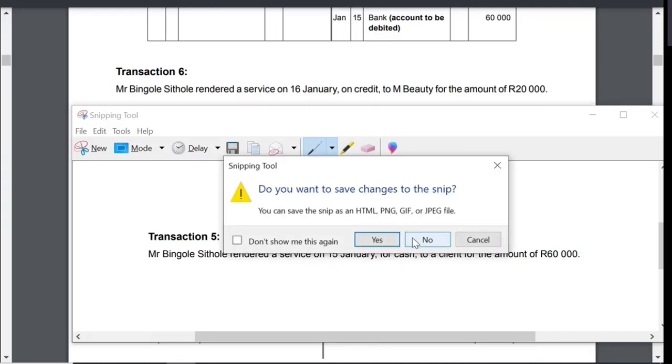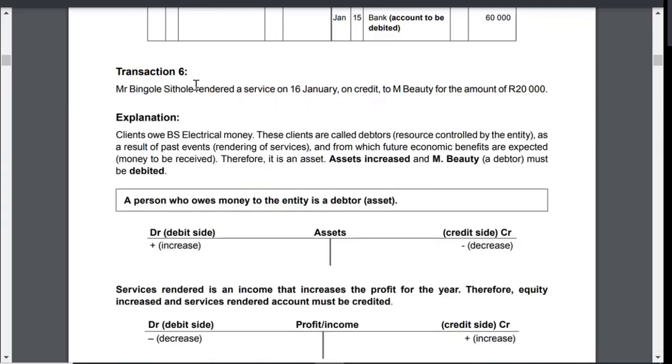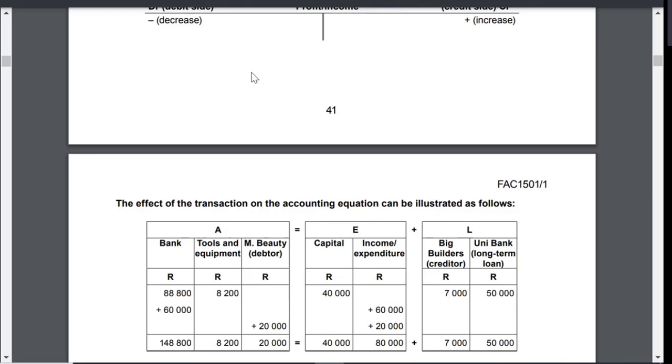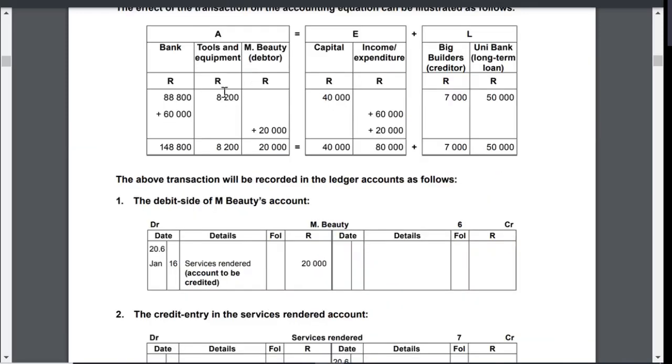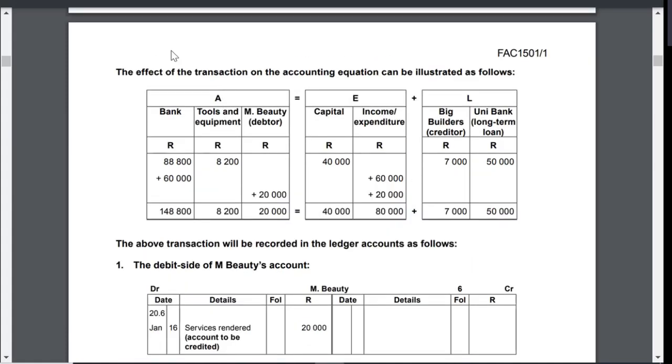So we're going to be looking at transaction number 6. The accounts affected are income and debtors. Let's see how this will affect the accounting equation. The asset, the debtor, is increasing by 20,000.